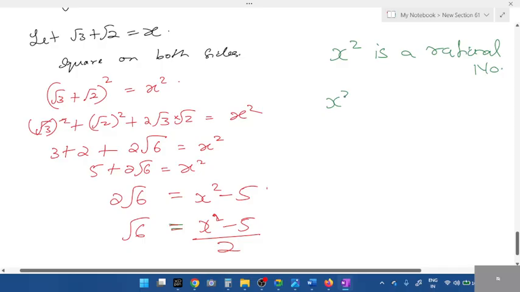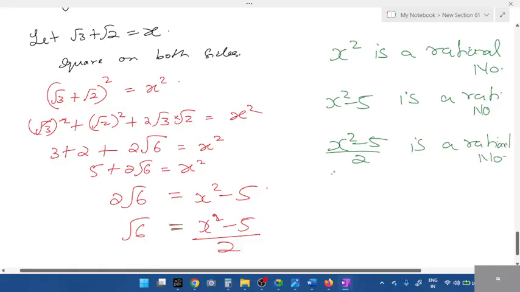Then take the entire thing. X square minus 5 is a rational number. Then take the entire right hand side part. X square minus 5 by 2 is a rational number. All are rational numbers. But what about the left hand side? Is root 6 a rational number?